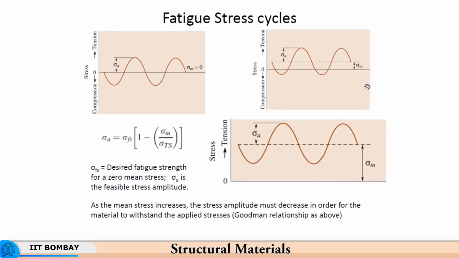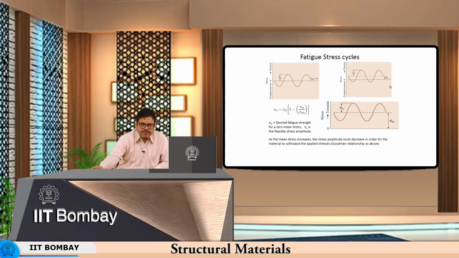If you look at fatigue stress cycles which are regular in nature, we can have a situation where sigma mean is equal to 0. The amplitude in compression and amplitude in tension is the same. Here the amplitude in tension and amplitude in compression are different, and therefore the mean is on the tensile side, and so you have a very slight entry into the compressive region.